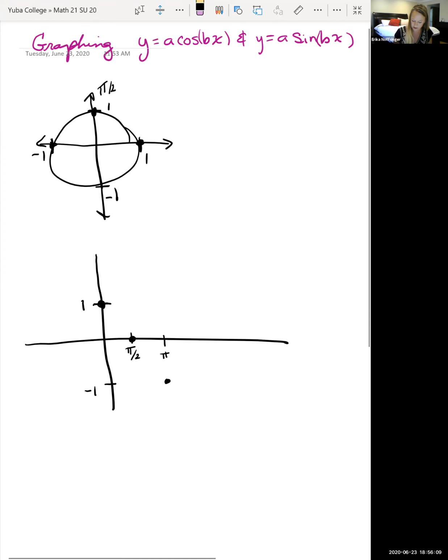When we get to 3 pi halves, cosine of 3 pi halves is 0. And then at 2 pi, cosine of 2 pi gets us back up to 1. We talked about this being periodic, so it's going to start repeating itself every 2 pi. And so I'm going to get this wave.